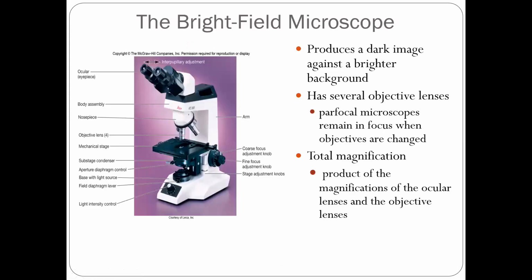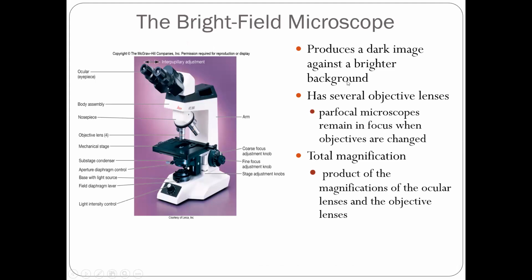So first is the bright field microscope. We will talk about the structure in detail in our lab. Basically it includes the ocular lens, objective lens, stage, coarse focus, fine focus, iris diaphragm, condenser, and light source. Then what is the bright field microscope?